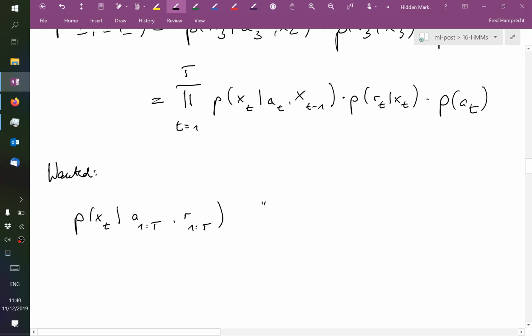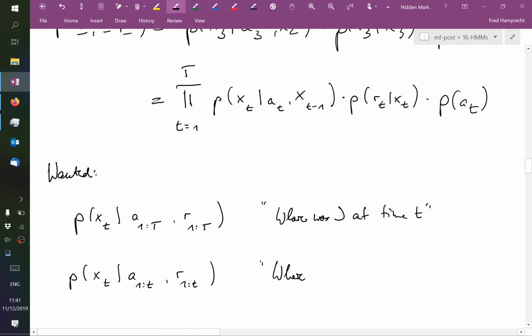This amounts to the question, retrospectively, where was I at time t? Or you can condition only on past observations and actions. So we can be interested in this quantity, amounting to the question, where am I currently, given the past measurements?